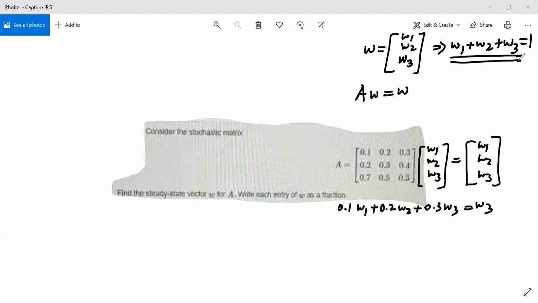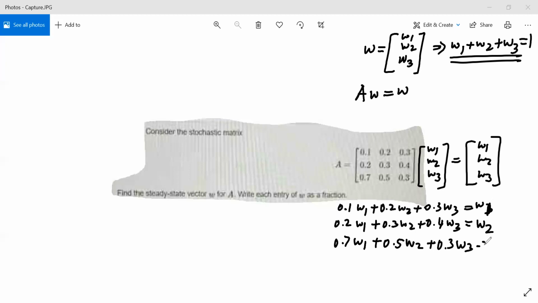The second equation is 0.2 W1, 0.3 W2, and then 0.4 W3 equals W2, and then 0.7 W1, 0.5 W2, 0.3 W3 will equal W3. And then plus this equation, like I said.